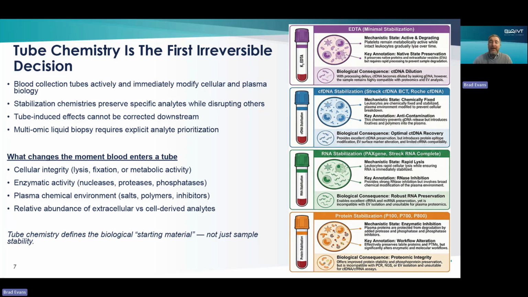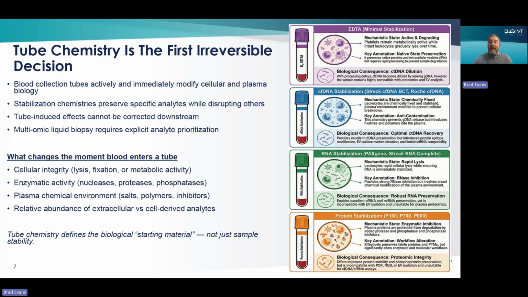Some chemistries allow cells to remain metabolically active for a period of time. Others chemically stabilize or fix cells to prevent breakdown. Some inhibit nucleases and proteases. Some introduce polymers or other additives that change the chemical composition of plasma. All of these interventions shift the balance between extracellular analytes and molecules released from cells after collection.